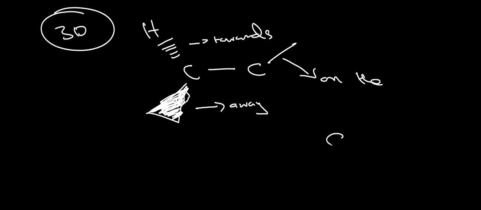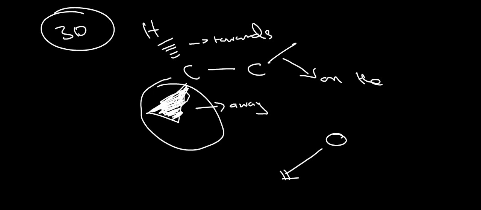Then those single ones, those smaller ones, are the ones that are on the plane. These are on the paper. So this is just how we write structures in 3 dimensions to show that one thing is there, one thing is outside. So this is going away from you, like inside the paper on the other side. Whenever it's broken, it means it's towards you. Whenever it's just a solid single line like this, it means it's on the paper.